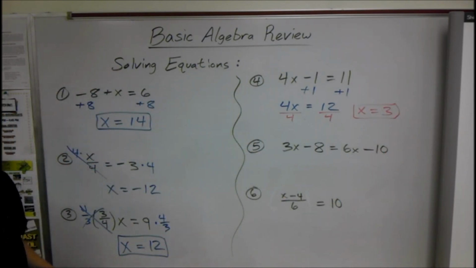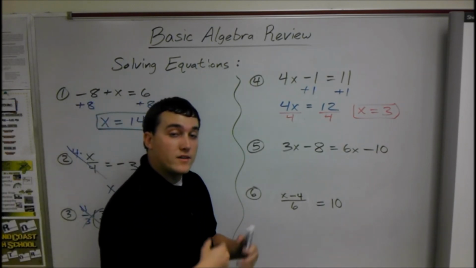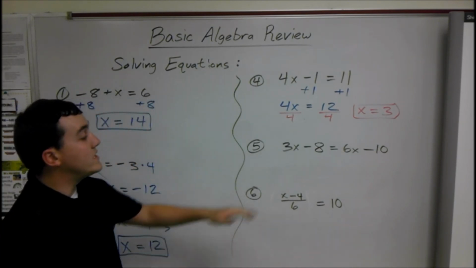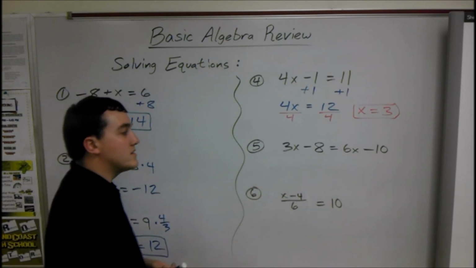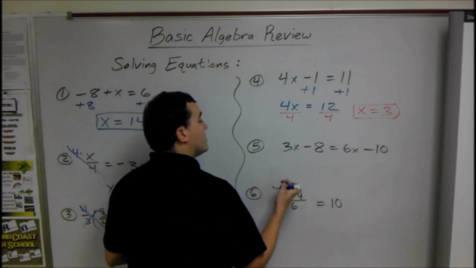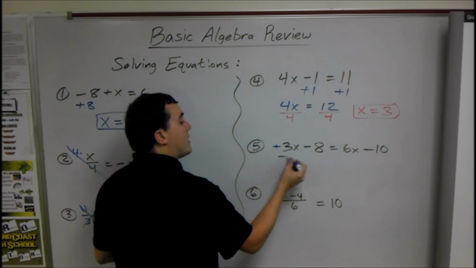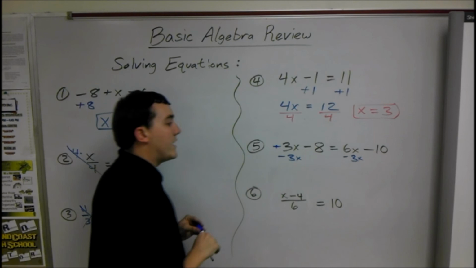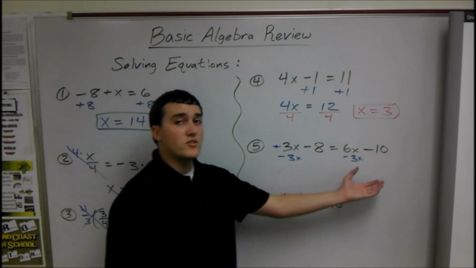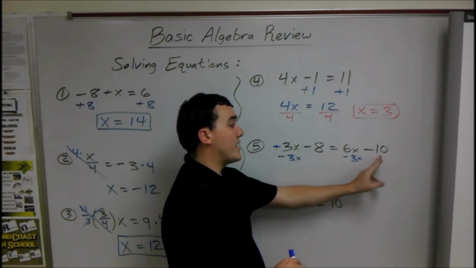When you're solving equations, you need all the x's together on a single side. So we need to move the 3x over here, or the 6x over here. It's easier to make it positive, so let's move the 3x over. Since this is positive, we minus 3x to get rid of it. And at the same time, we can get all our other stuff over to this side, so we want to add 10.